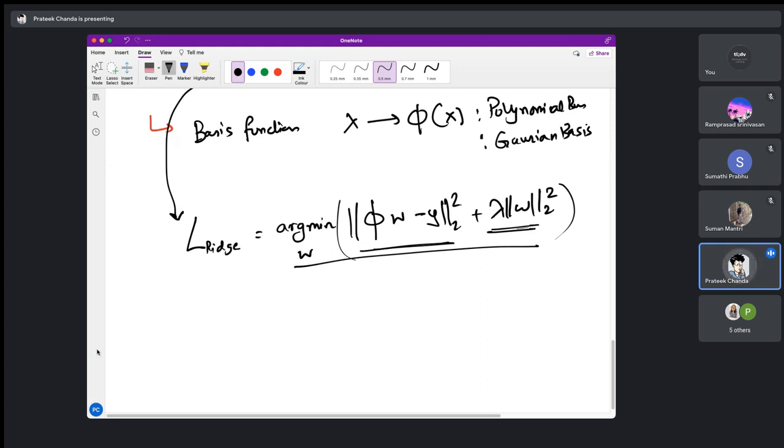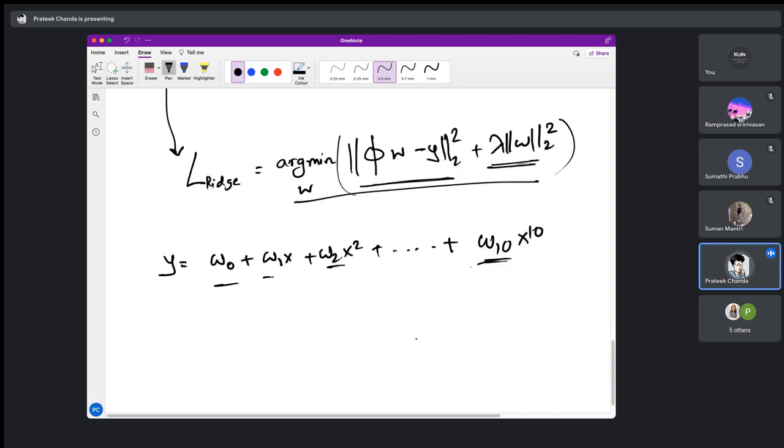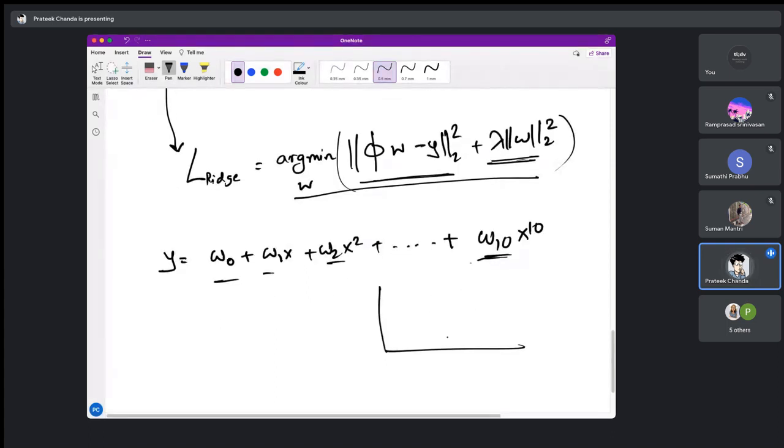If I give you an example, let's say I have a highly complicated model like w0 plus w1x plus w2 x square, up till w10 x10, so I have 10 parameters here. If I plot it in terms of x, it will be something like a complex, curved model.